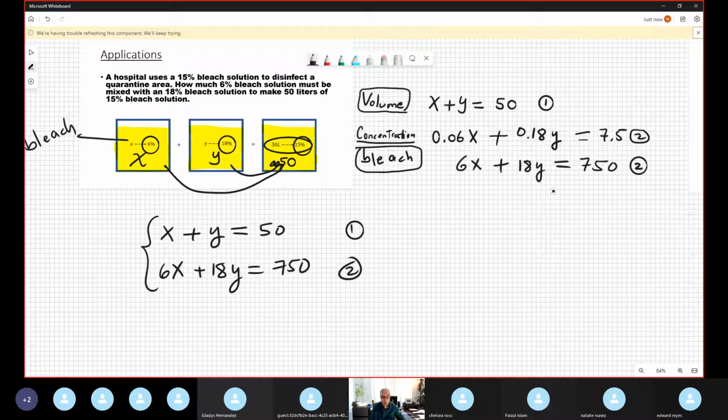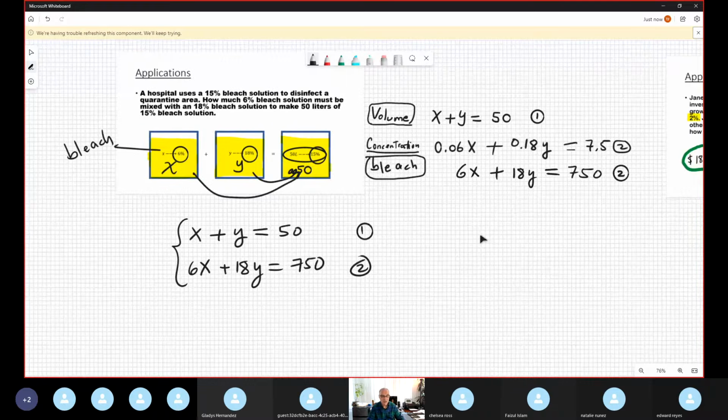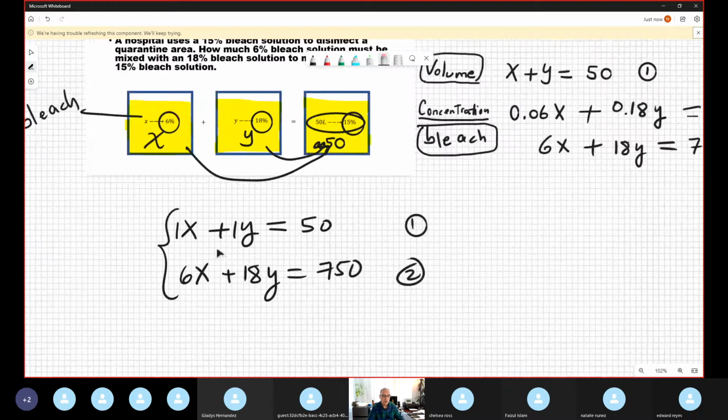There are many ways to solve this. Well, not infinity. We have two ways, substitution or elimination. Some students say, I like substitution because I take advantage that the coefficient here is 1. So I can solve for one variable and plug into the other equation. Another student says, Professor, I don't like this.